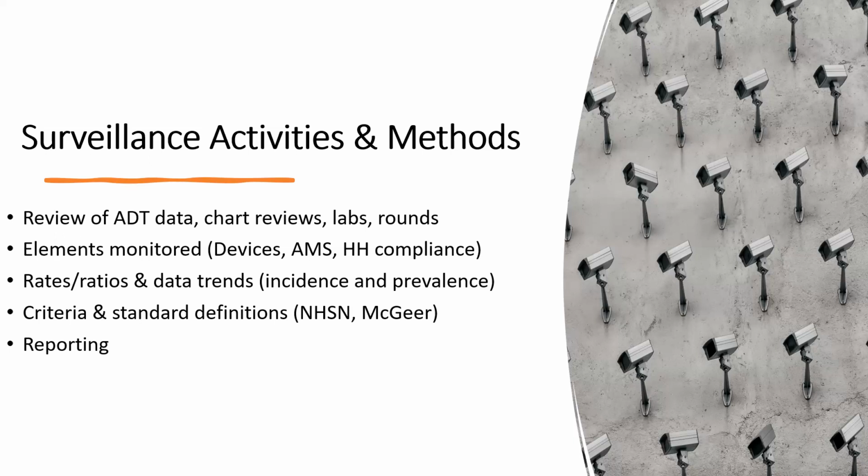So we're collecting observation data for compliance rates. We're using internally rates and externally ratios with NHSN reporting. And we're also looking at data trends. So we're looking at incidence and prevalence. We're using standard criteria and definitions. So think again about NHSN and also McGeer.